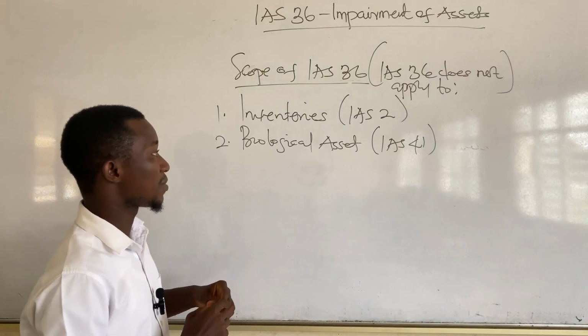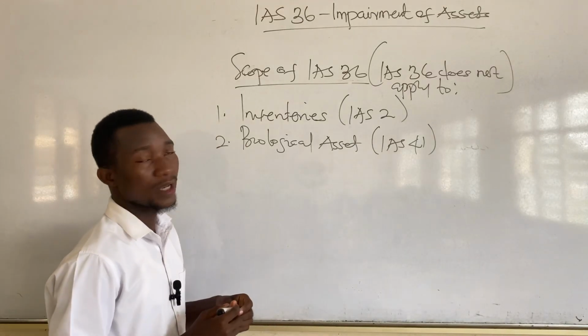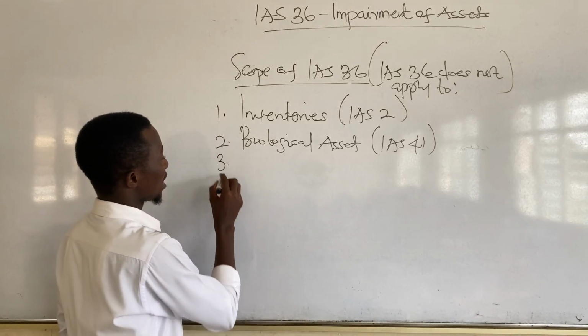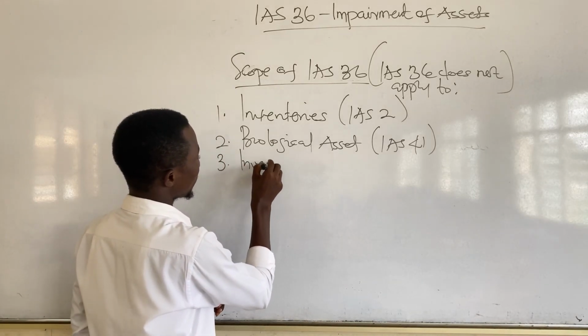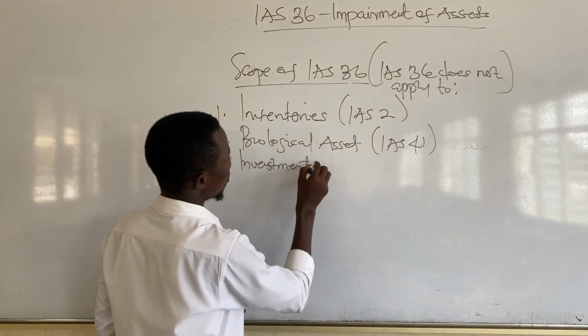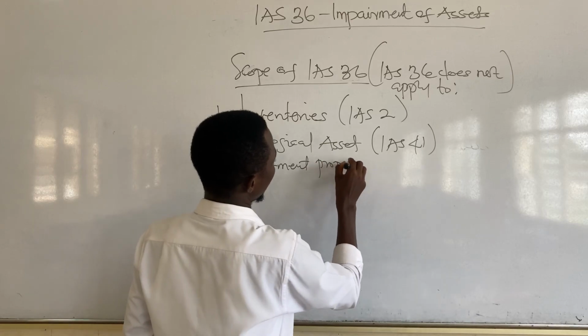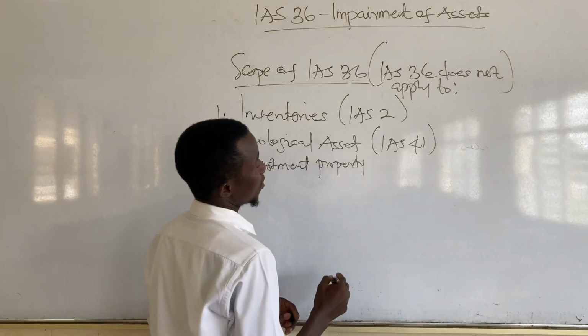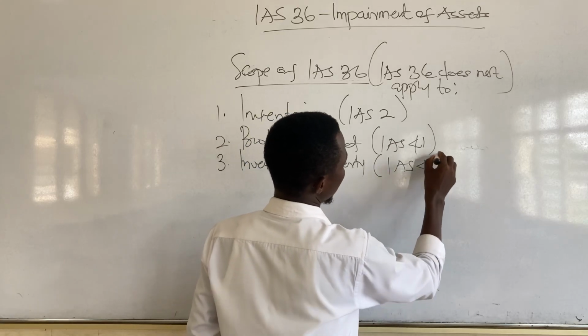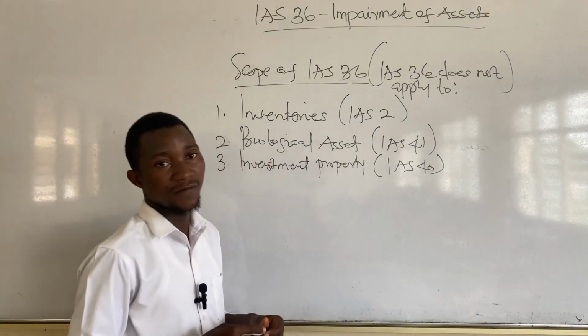So if an asset is a biological asset, we can't test for impairment. Is that okay? So we can also talk about investment properties. Investment property, so this is IAS 40, and we can't test for impairment for it.